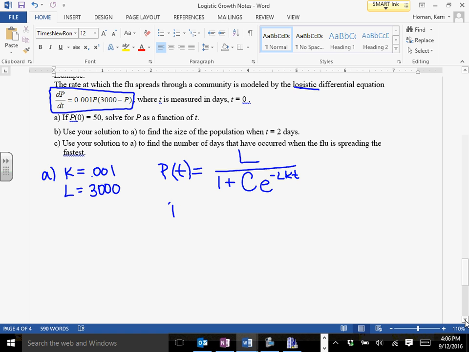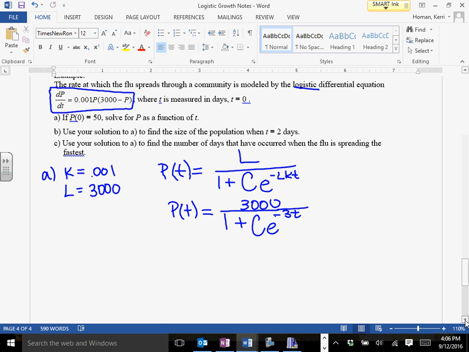But what we can do is we can plug in our 3,000 over 1 plus C e to the negative 3,000 times 0.001 times t, which gives you negative 3t as that exponent.